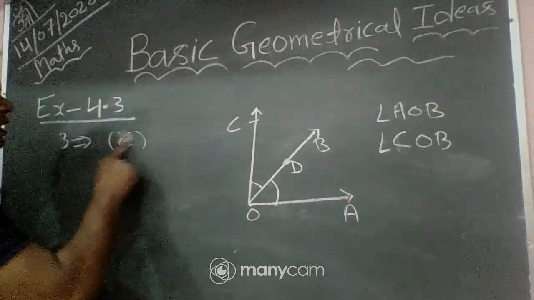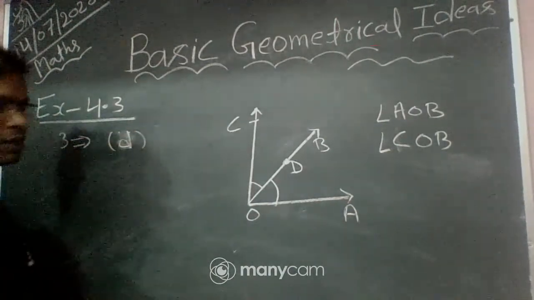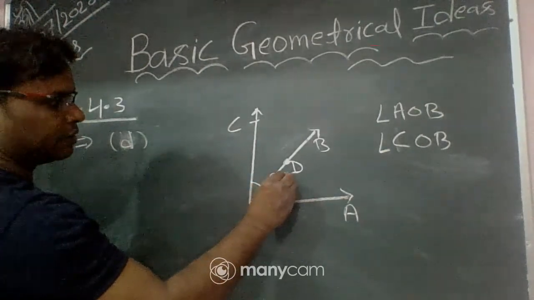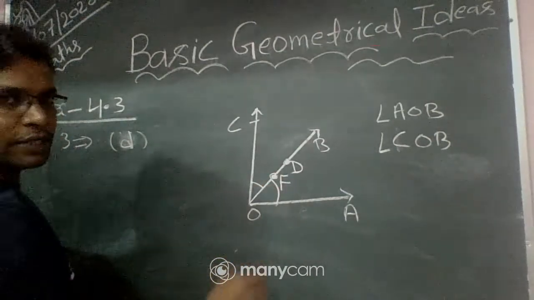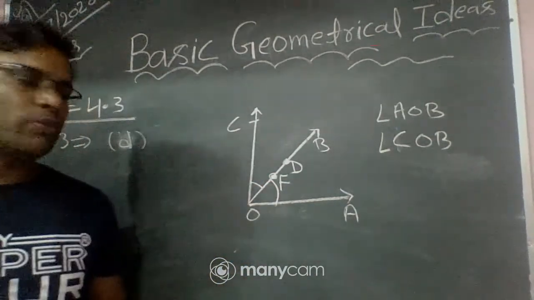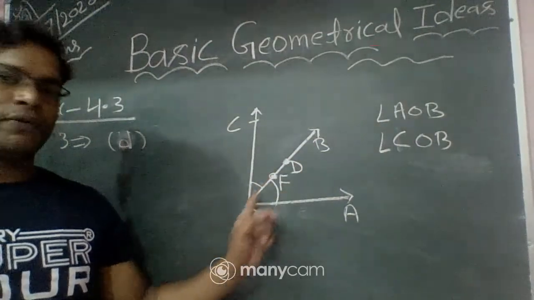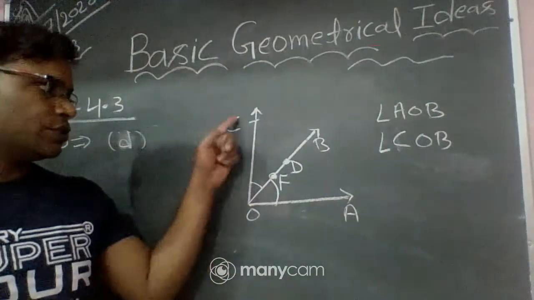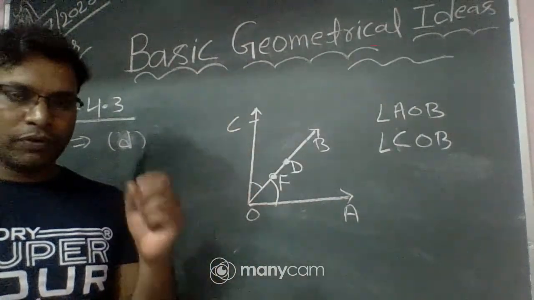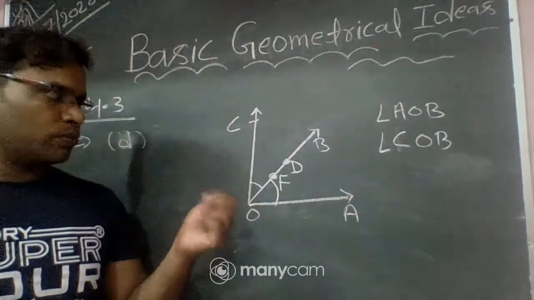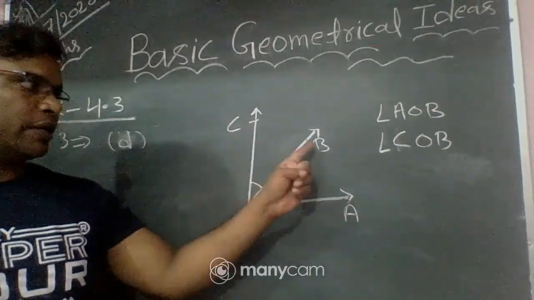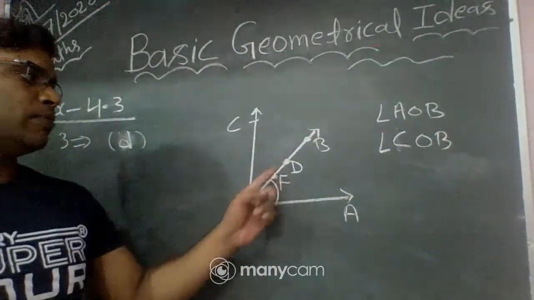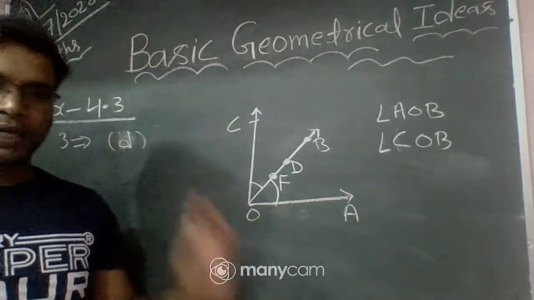So you write here D, and you write here F. You can see here we draw two angles and 4 points are common. B, D, F, O are common. Point B, point D, point O, and point F are the common points.